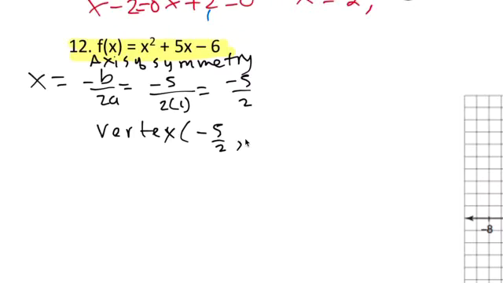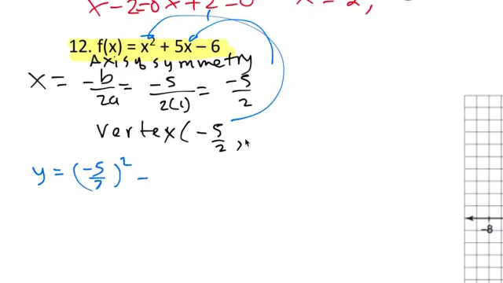Okay, and use this equation here. Put that into all the x. So y equals f of x, negative 5 over 2 squared plus 5 times negative 5 over 2.